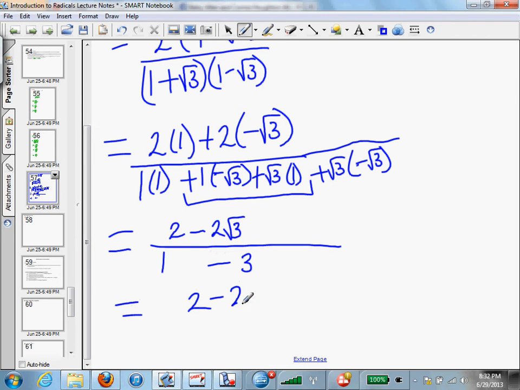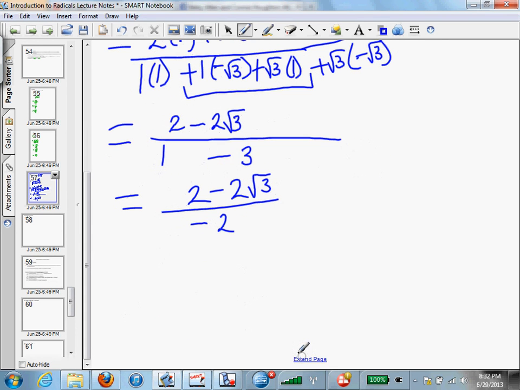So we're going to have 2 minus 2 radical 3 over 1 minus 3, or just negative 2. We can actually simplify this further, because there's a 2 in each part of the term, so we'll have a negative 1 plus 1 radical 3.